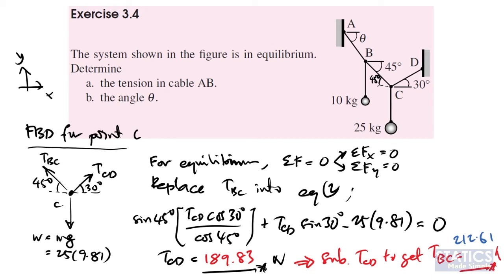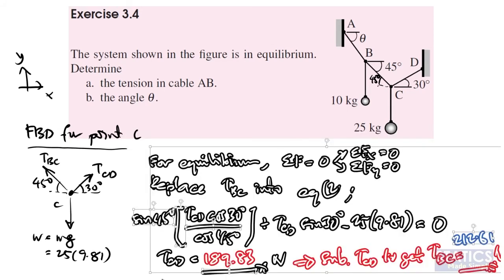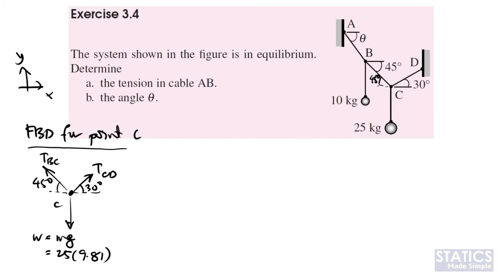Let's say for fun sake, we can also solve the same TCD and TBC using another approach, in this case the triangle approach. If I want to solve this using the triangle approach, I need to draw it first.